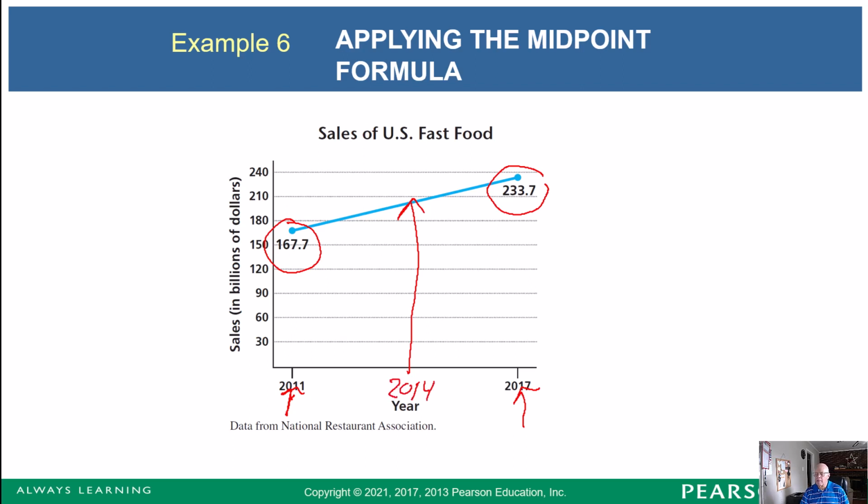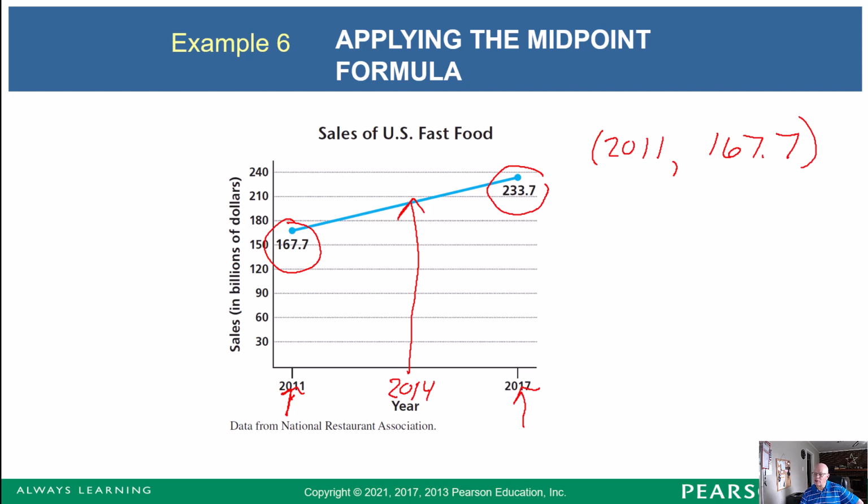Now, there is a trick you can do. Let's take the first one, for example. You could have the ordered pair 2011 and 167.7. You can leave off the dollars temporarily and write the year.